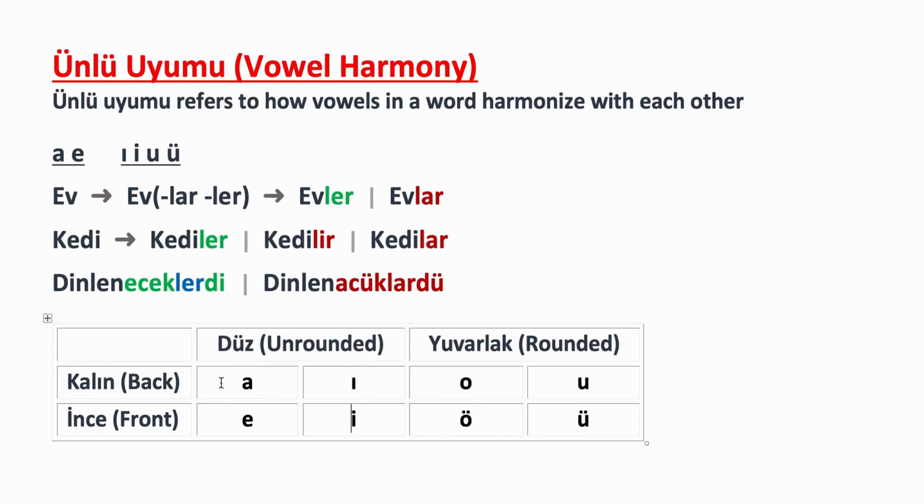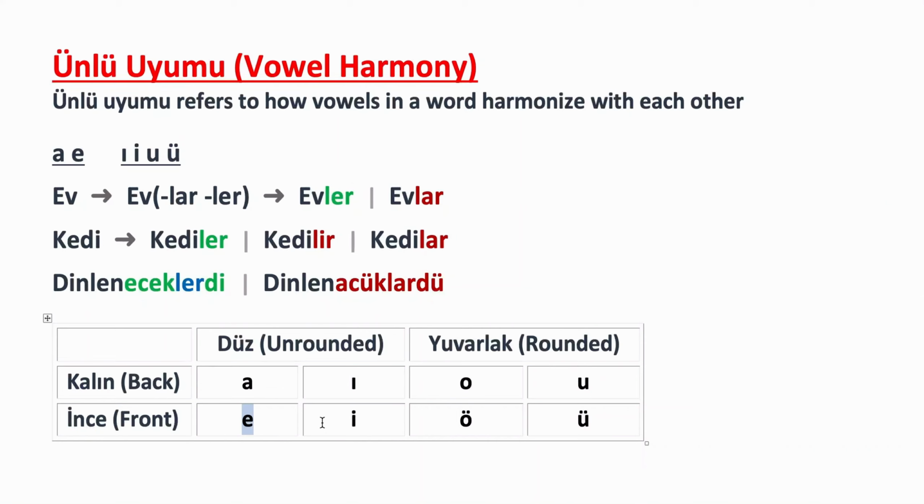Let's try to find the closest sound for e. Firstly, I need to eliminate these four vowels because they have different tone. And I need to eliminate these two as well because they have different lip shape. Then there is one vowel left. It is e. That's it.